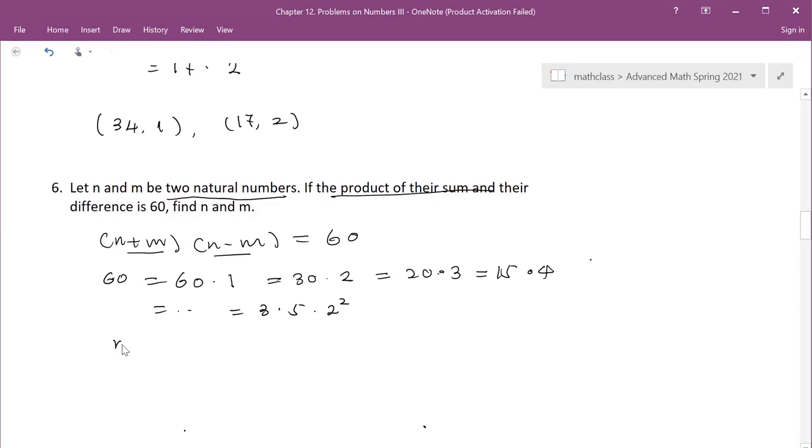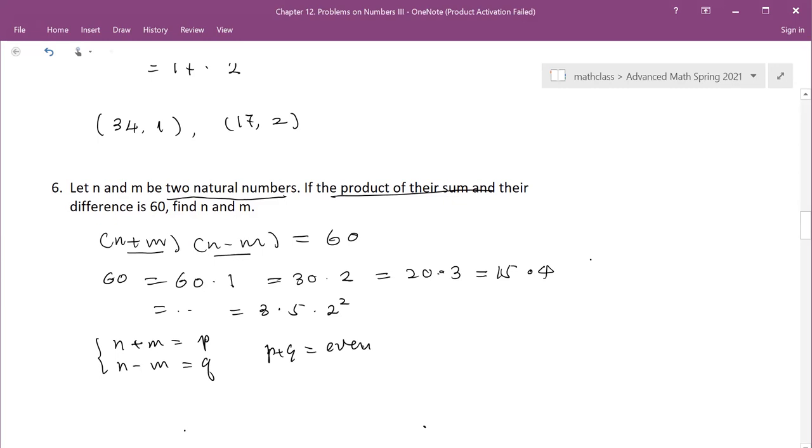Now here's the important issue. n plus m equals p, and n minus m equals q. In order to make sure n and m have a solution, p and q must both be even or both be odd. Because when you add them together, the sum p plus q must be even.